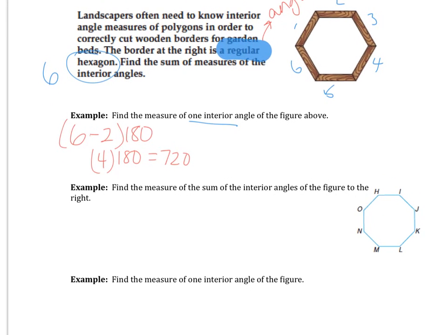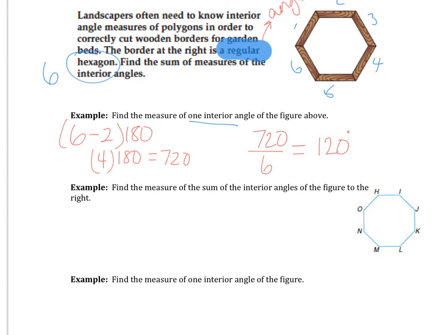Now we have to find the measure of one of those angles. So we're going to take that 720 and divide by the number of angles in that regular hexagon. And we've got 120 degrees for each angle.